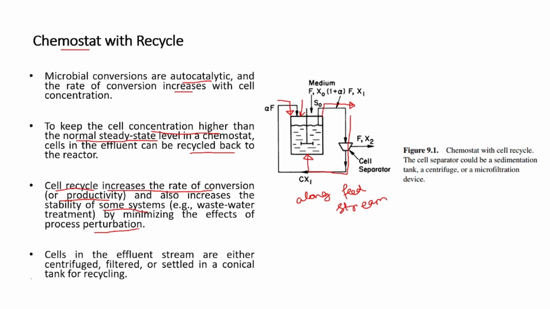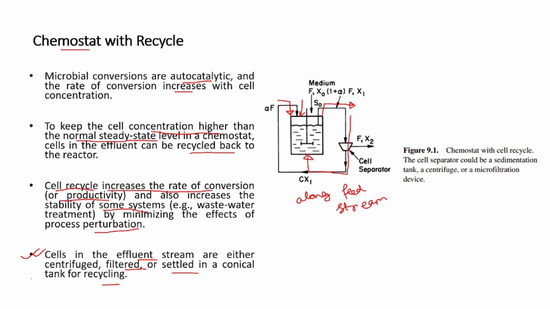If you have more cells, more conversion will occur. Suppose the cells are metabolizing some important metabolite or some secondary metabolites like antibiotics. You are producing some antibiotics, so the more cells, the more production of that antibiotic, so productivity will increase.